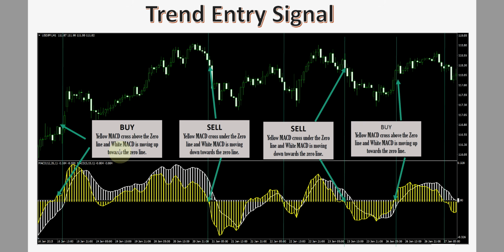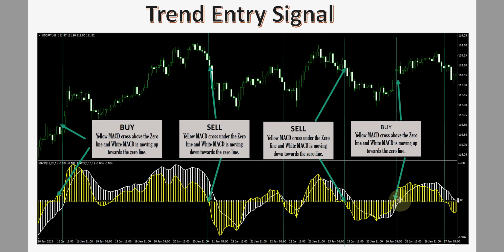So here you have a buy signal because the small one has crossed and the white one is pointing in the same direction. Similarly here, the yellow MACD has crossed downwards and the white MACD is pointing in the same direction, a sell signal from here. Similarly, a sell signal from here. Yellow has crossed down, and the big MACD is also pointing in the same direction.